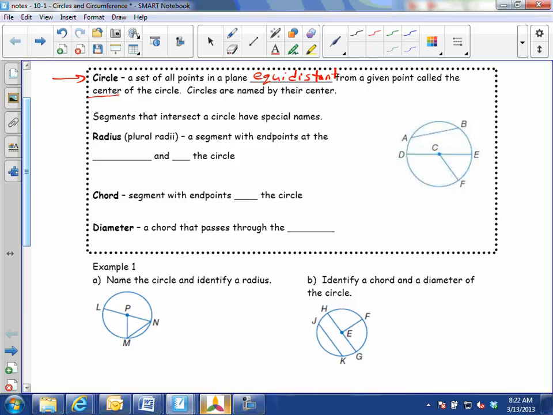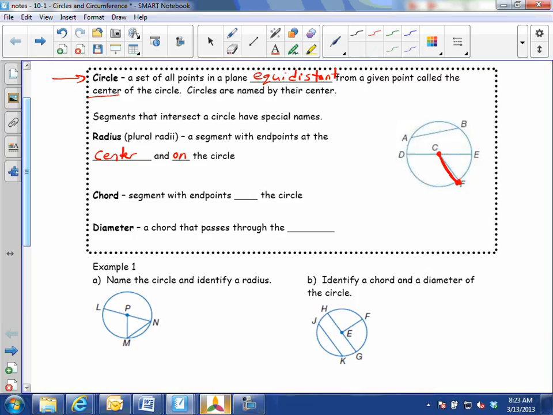Okay, so radius or radii is a segment with endpoints at the center and on the circle. When they say on the circle, they mean the edge of the circle. So if I was looking over here, one radius would be CF because it starts at the center and it goes to the edge. What's another one? DC.